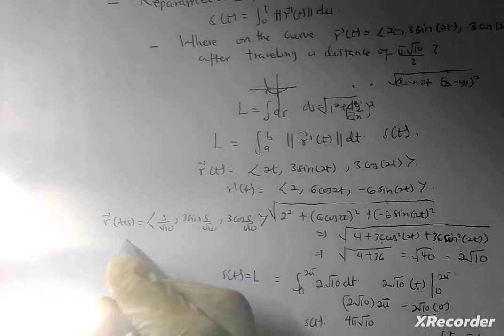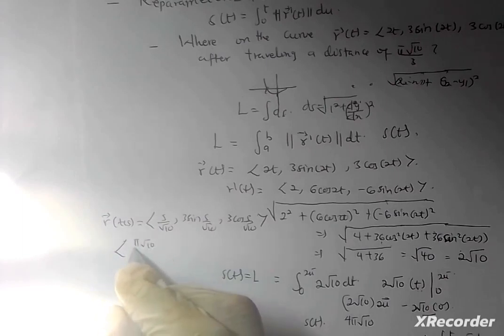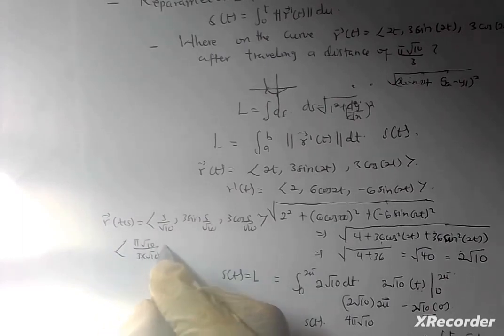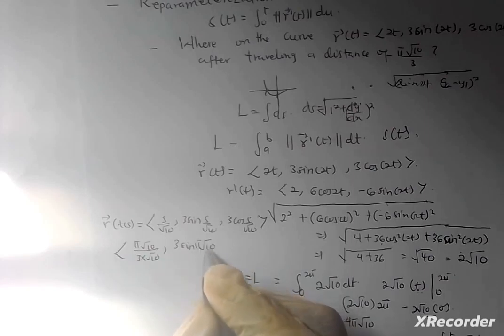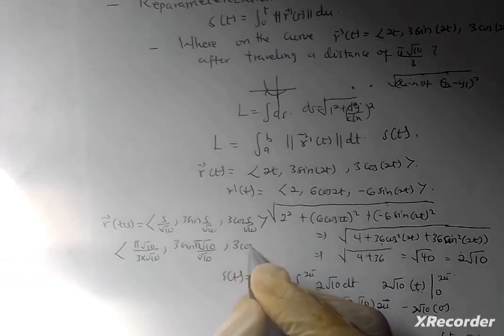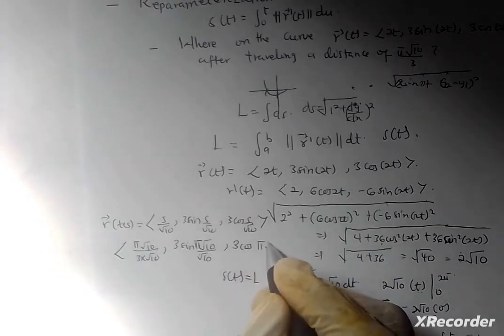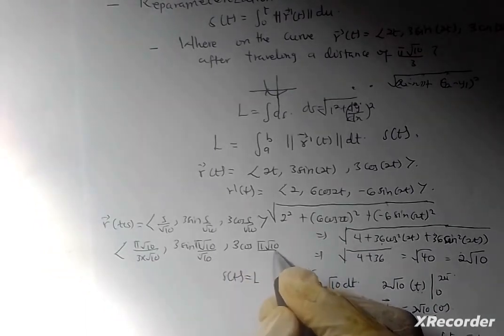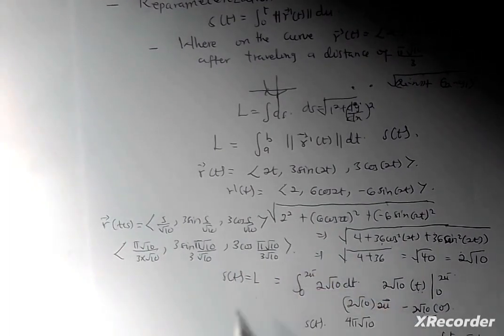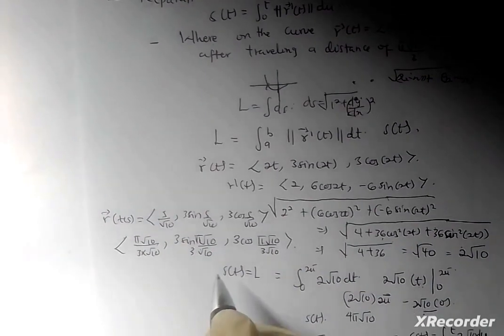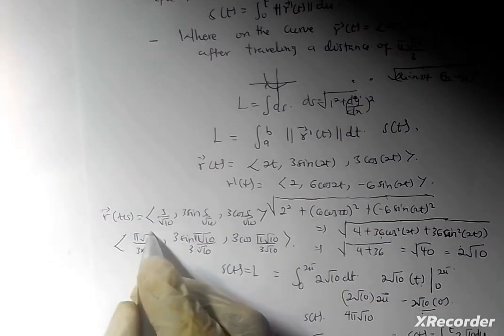So here I'll get pi root 10 over 3 times root 10, comma, 3 sine of pi root 10 over 3 root 10, comma, 3 cos of pi root 10 over 3 root 10. When I further simplify this, the root 10 cancels out.